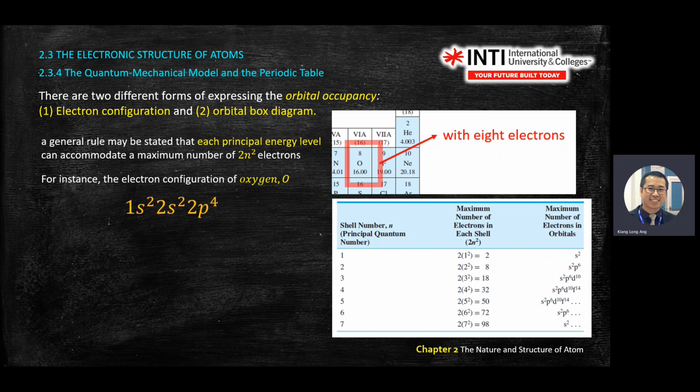So how do you know the total orbitals again? The total orbitals is n squared, with n as 2, so 2 squared is 4. You have 4 orbitals there.